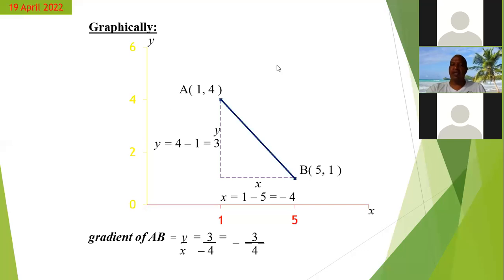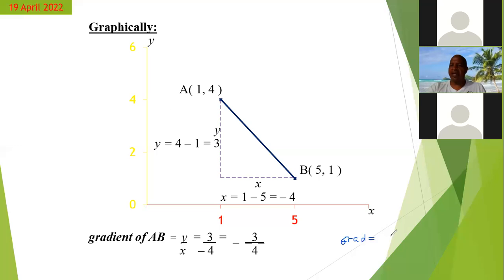Now, we use the term rise over run as a way to remember gradient. The rise is the y value because it is going up vertically. So you can think of your gradient as equal to rise over run. You can use that as something to jog your memory.